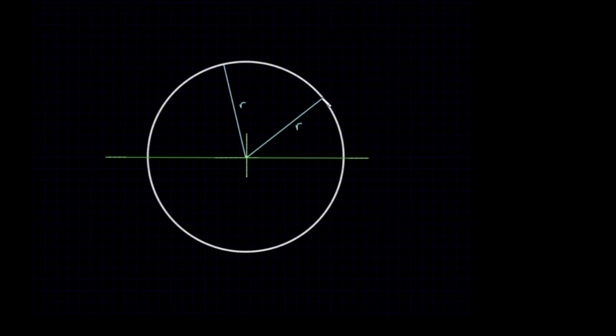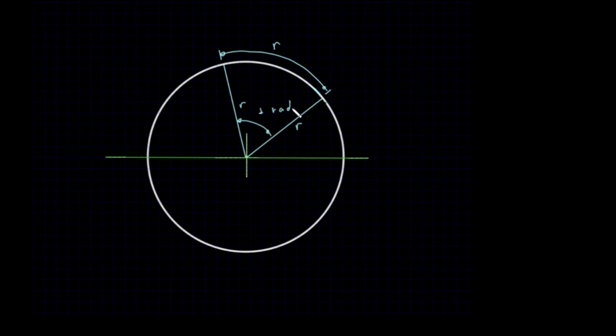I'm going to do my best: this distance all the way around here, actually on the line of the perimeter, when this length here is the same as the radius, that angle there is 1 radian.